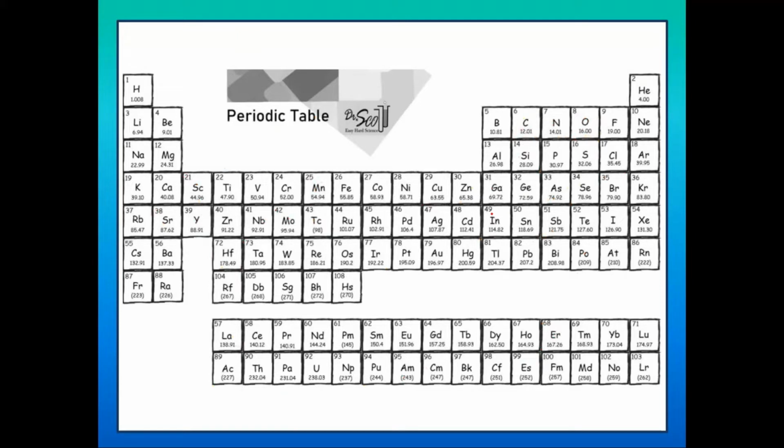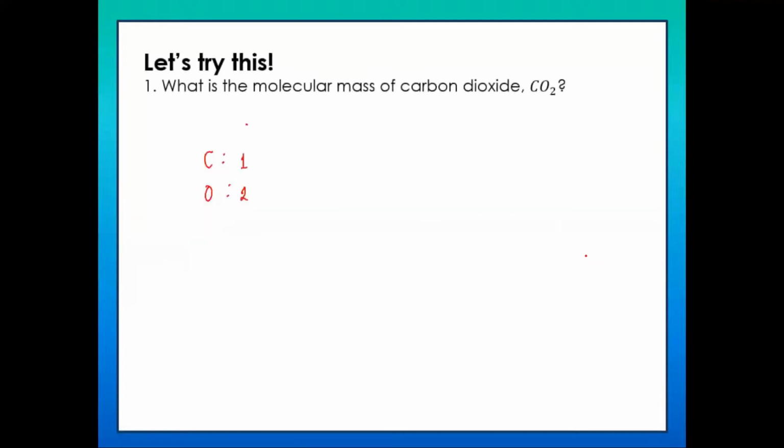But if you have a physical periodic table of elements, the atomic masses are indicated there. So, let's copy the atomic masses of carbon and oxygen in order to continue solving this. Your carbon has 12.01, and your oxygen has 16.00.